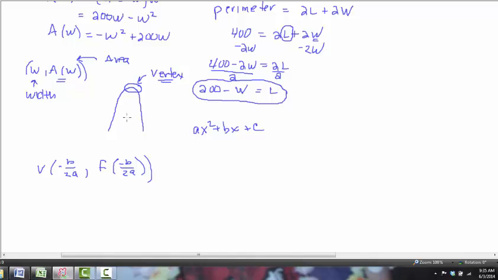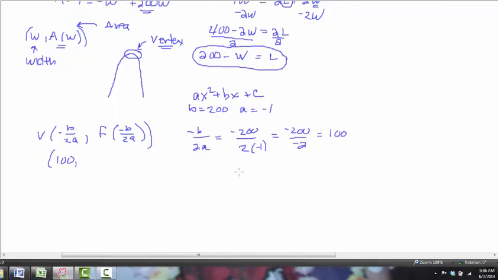So I know that my b in this case is 200, and my a in this case is negative 1. So negative b over 2a is equal to negative 200 over 2 times negative 1, or negative 200 over negative 2, which is a positive 100. So that gives me my x coordinate, or the width of the vertex.